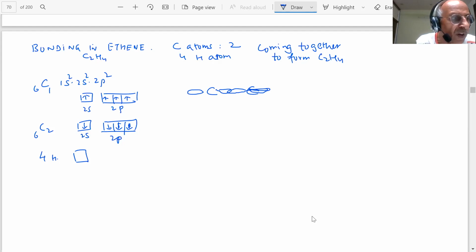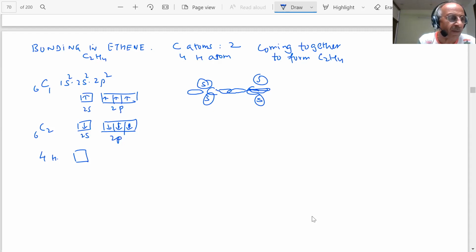The sigma bond is formed, and then on each carbon there are two more p orbitals. What will they form, students? This is the s orbital of the hydrogen, and opposite spin electrons will come.